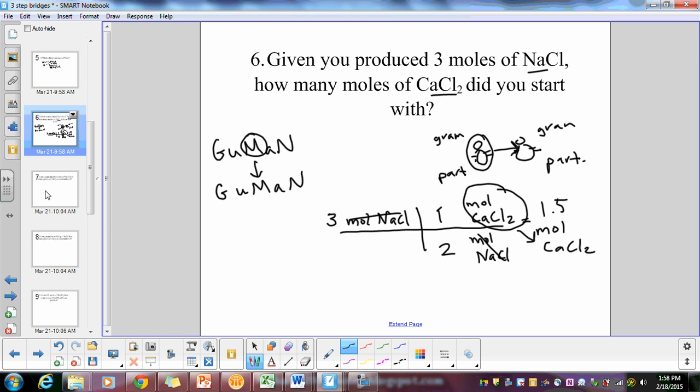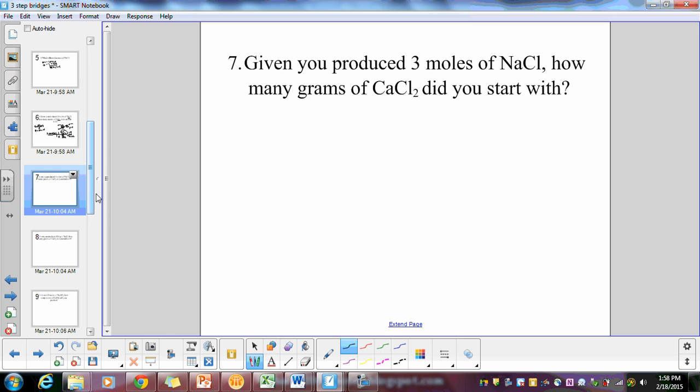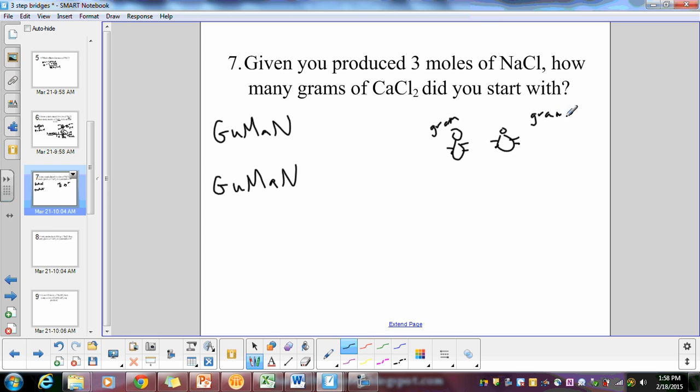We can get a little bit more complex. We're using the same reaction. Here again, I have 2 separate substances, so I need 2 Gummans or 2 mole rats. And here I'm starting with moles of NaCl and trying to go to grams of CaCl2.